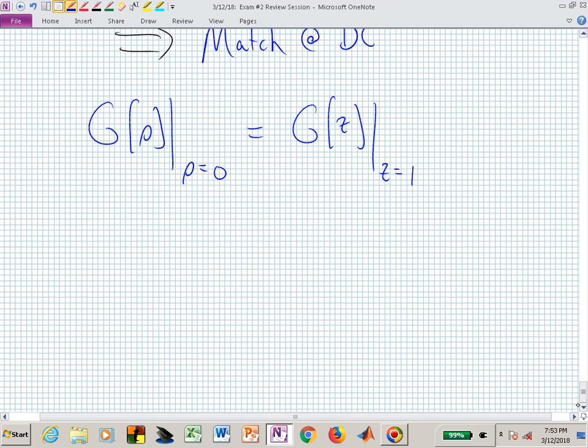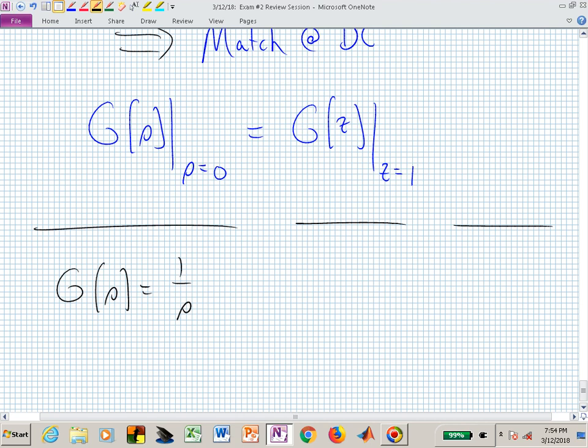What if somebody gave you g of s is equal to 1 over s? Is that bounded? What is that system? This is not a signal now. Let's say this is a system. If you said, oh, that's a system, what's it doing in the time domain?